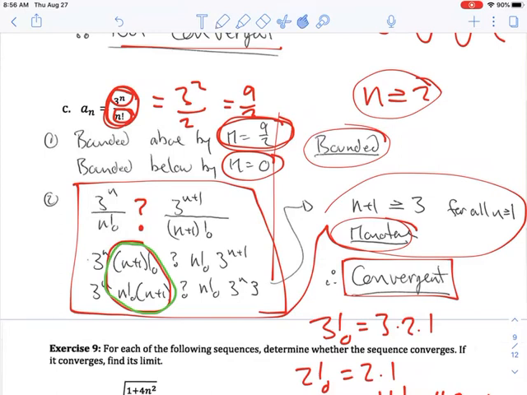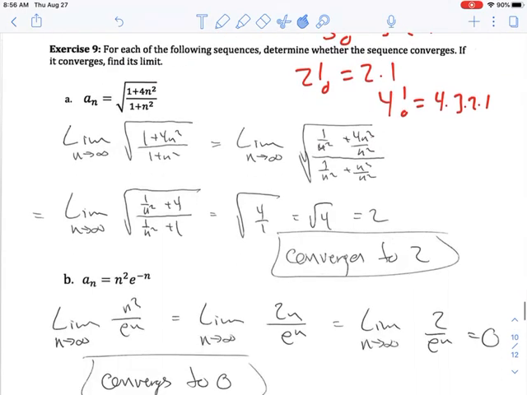All right, now just a few random problems to finish up this long section. So we just want to find if these sequences converge or diverge. So I took the limit, right?